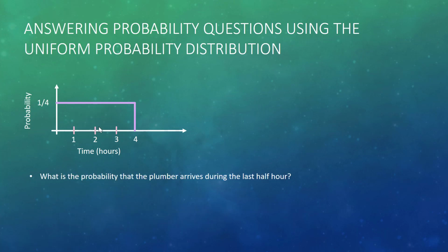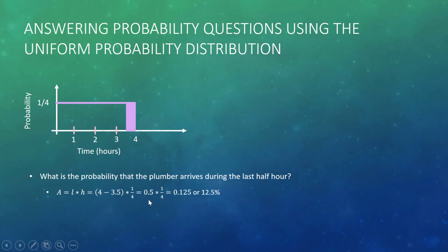What is the probability that the plumber arrives during the last half hour? Again, we shade the last half hour here. Notice that this area is smaller than some of the other rectangles that we've looked at. Finding the area of this rectangle, the length, this horizontal distance, is only half an hour. It's 1/2.